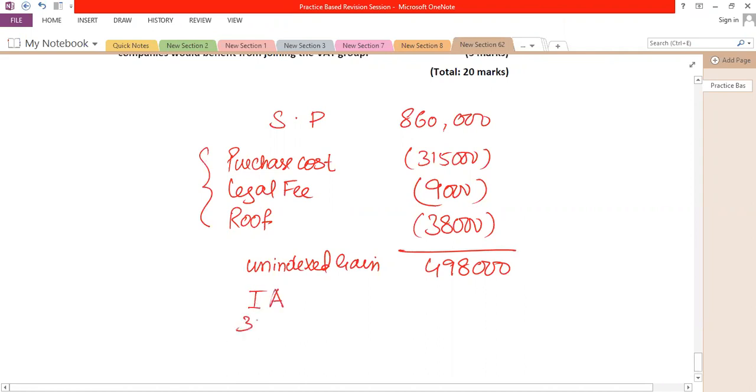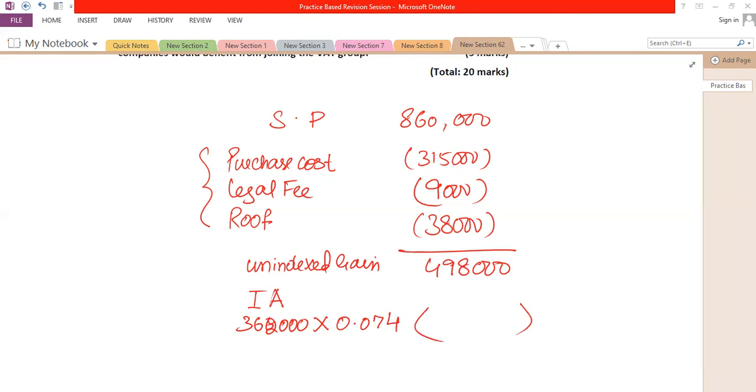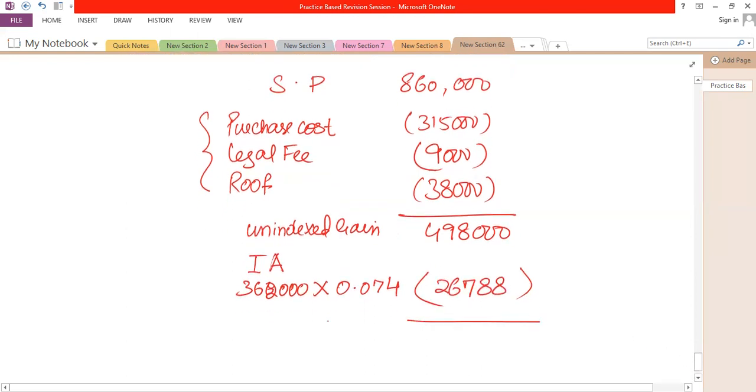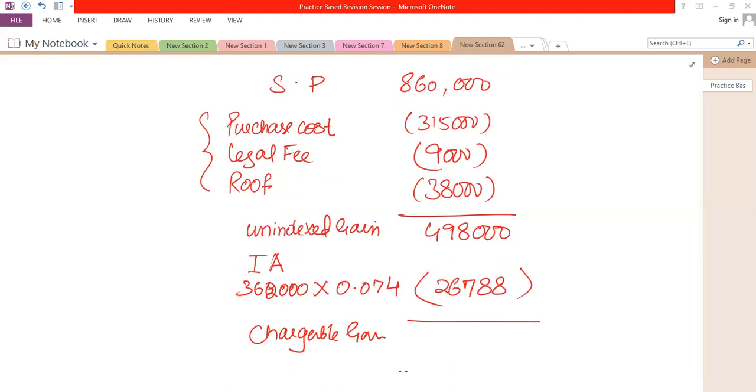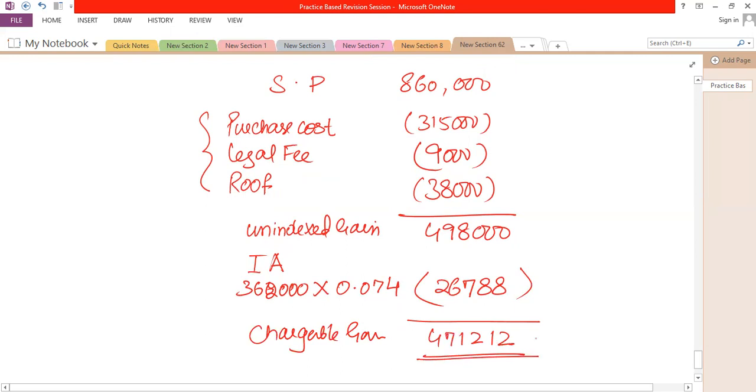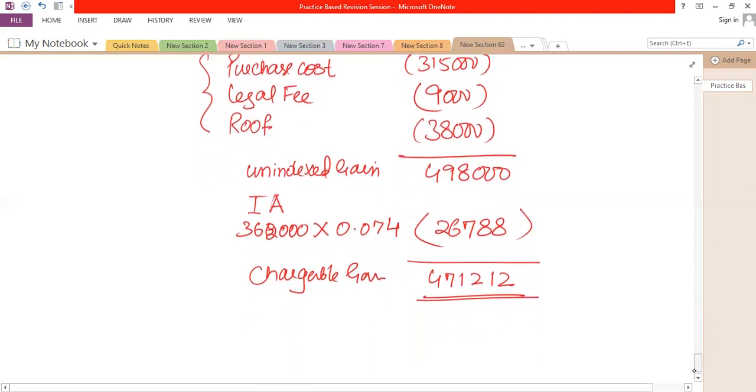So indexation is applicable on the entire cost of purchase, and the factor was 0.074. So my indexation allowance is 26,788, and this is now the chargeable gain, right? 4,71,212. So this is a very easy part. We have just ignored the repainting cost, and it is a simple one.